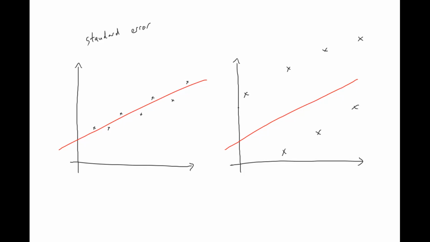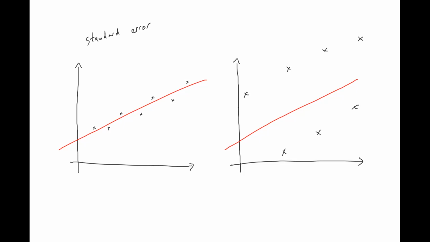If this line wiggles only a little bit as I take out points, then we are more confident, compared to a line that wiggles a lot more as we take out points. The standard error helps us capture the uncertainty of the line that we've come up with.